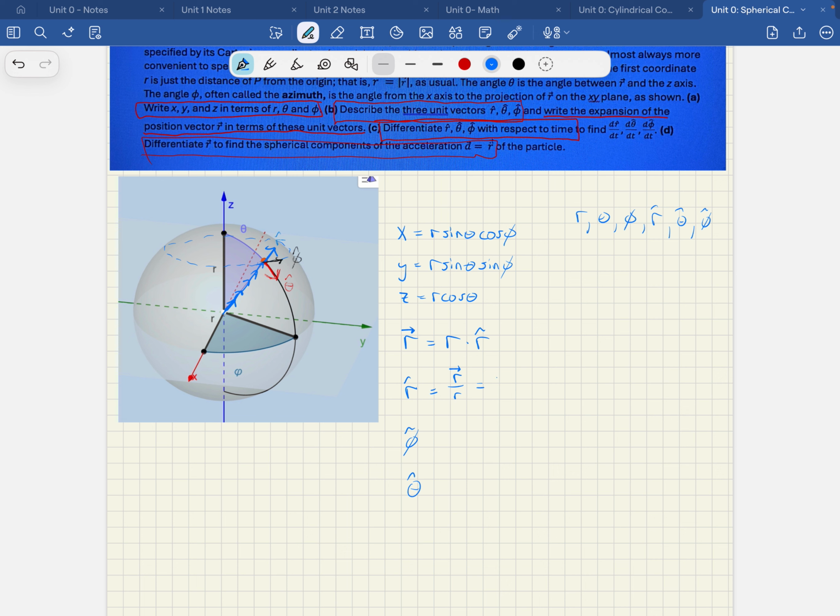The x component is going to be r sine theta cosine phi x hat plus r sine theta sine phi y hat, and of course I ran out of room.